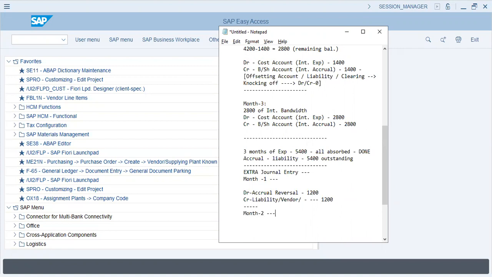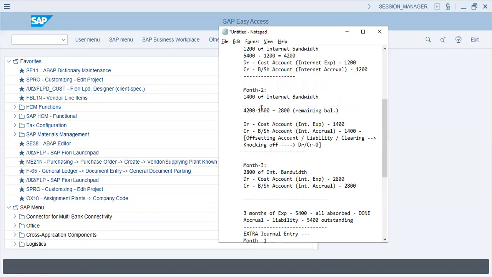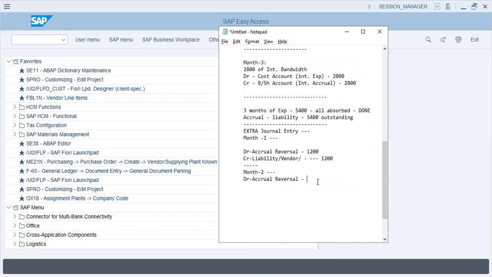Month 2, same. Debit accrual reversal, same account. How much month 2 was? 1400. Credit liability account, 1400.